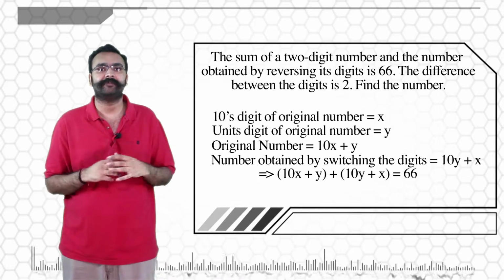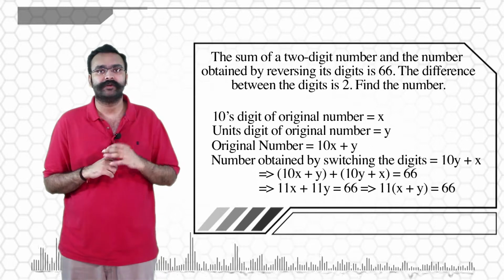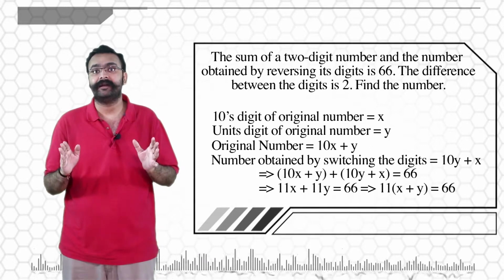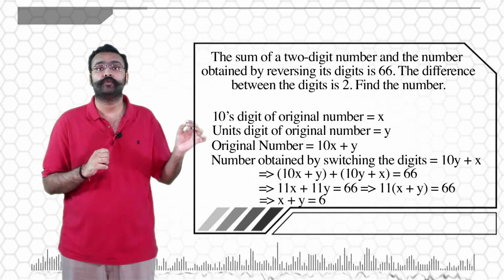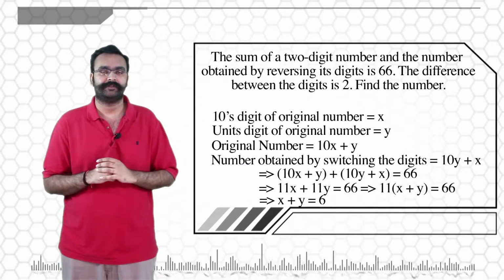Quickly simplifying, it becomes 11x plus 11y equal to 66, or nothing but x plus y equal to 6. This is our first equation.